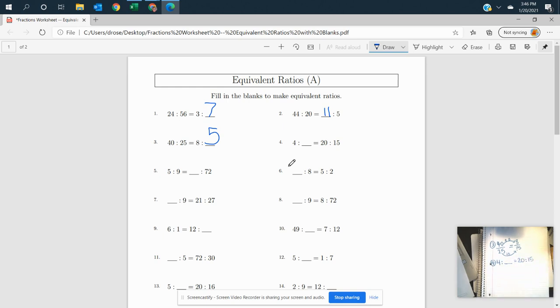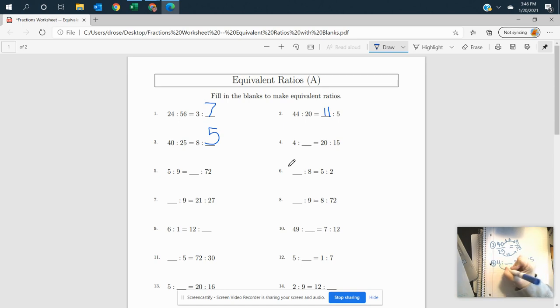Okay. Now this one has the mystery number. It's kind of like the number you have to figure out, and the first one is still the same. Okay. So we want to look at the first two numbers. I'm going from 4 to 20. So 4 to 20.